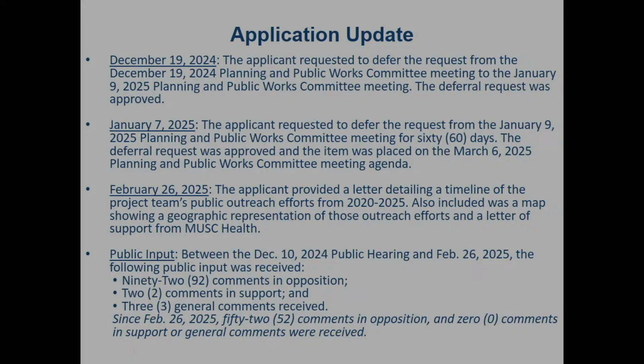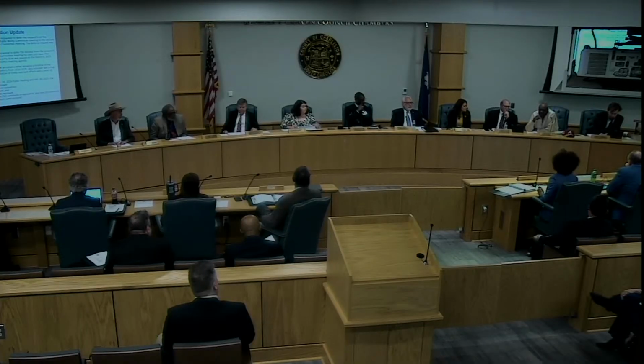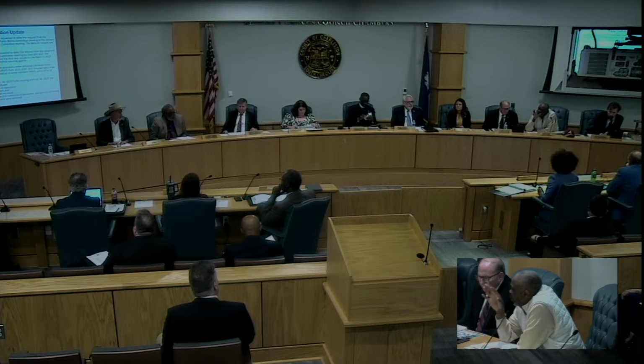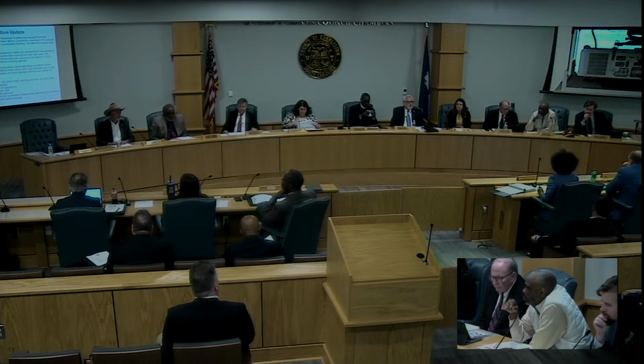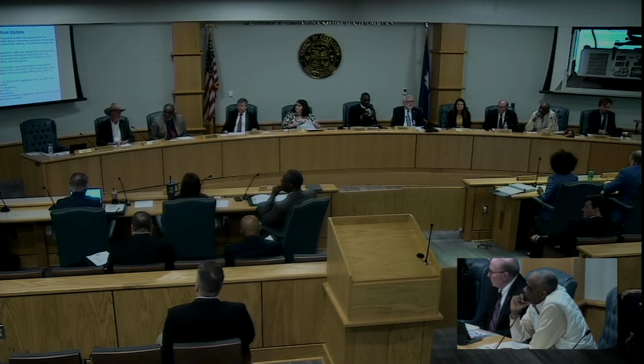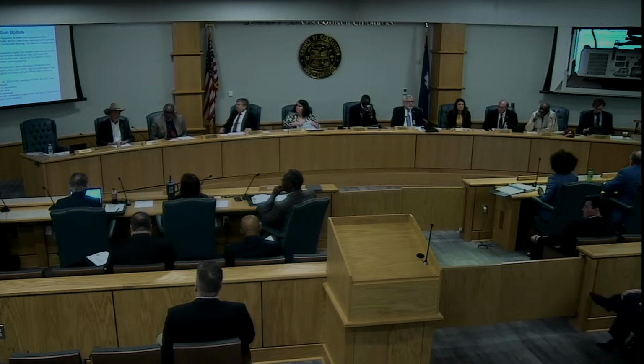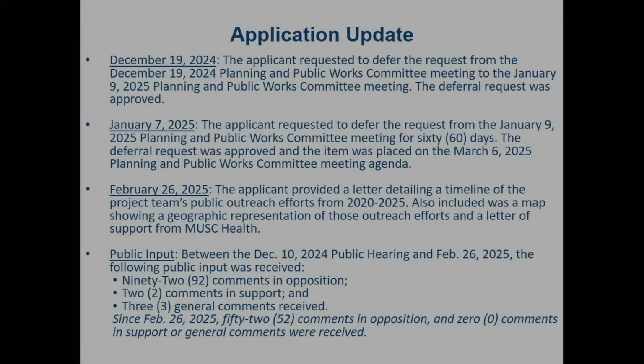I think everybody's heard this, but I'm looking at what it says, public input. So you mean to tell me only 2 people were in support of this project when they had letters? I think the first time it was almost 80 and 90 people that were in support of this, but it didn't get submitted into the records. So this last bullet, these numbers are just from between the December 10th public hearing date and February 26th.